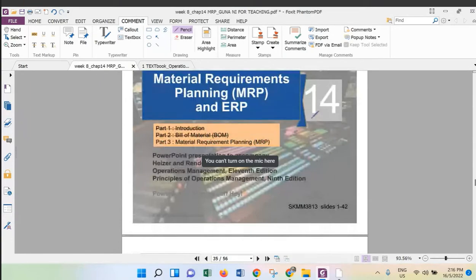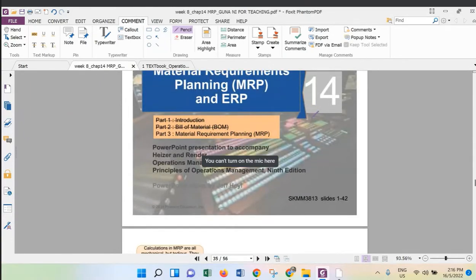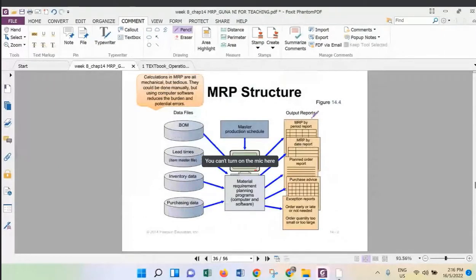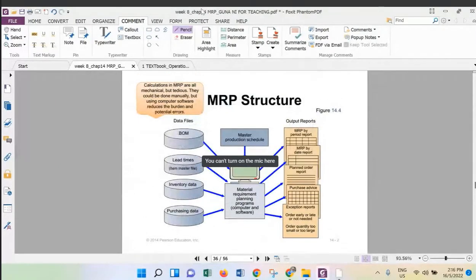Alright, seterusnya kita nak masuk kepada Material Requirements Planning, which is MRP. MRP calculations are all mechanical but tedious. They could be done manually, but using computer software reduces the burden and potential errors.